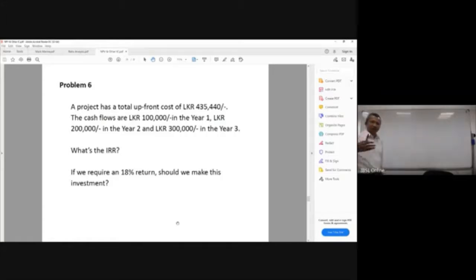I want all of you to calculate and give me answers. It says require 18% return. The required return is 18%.